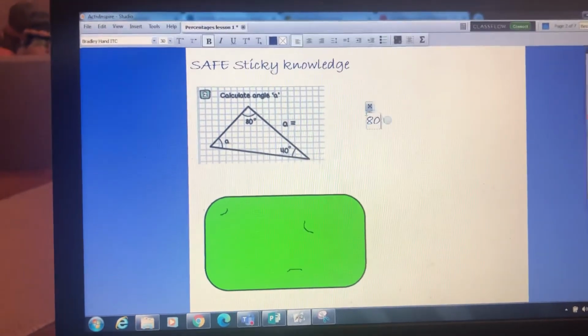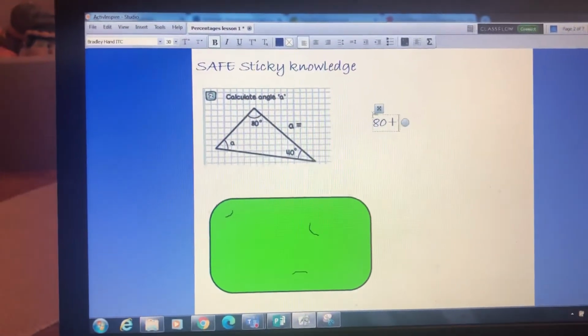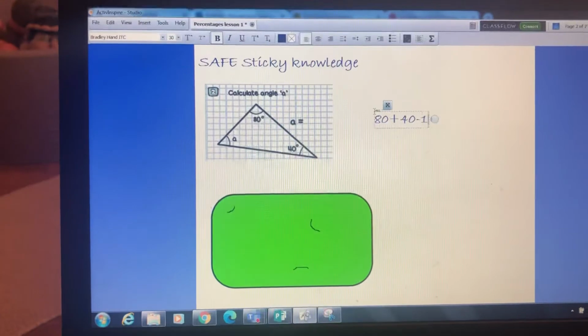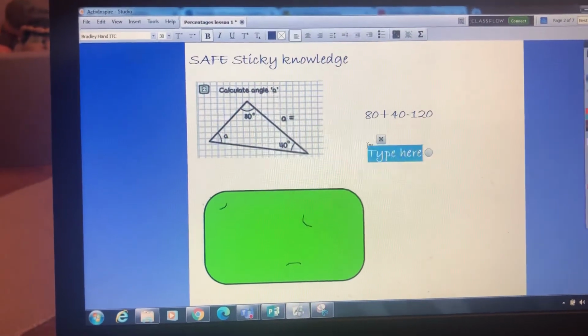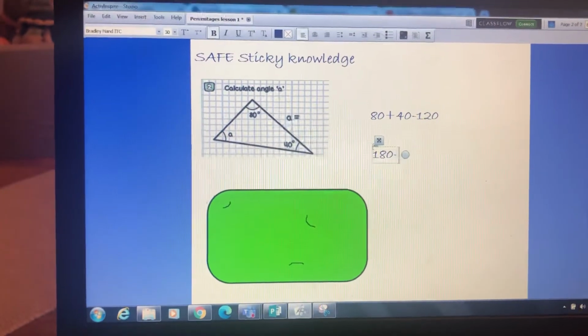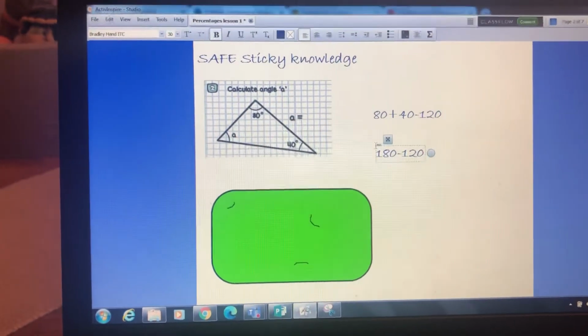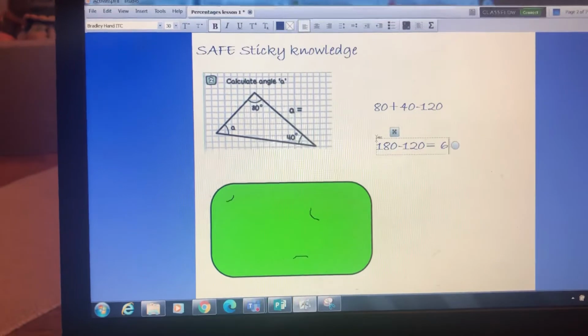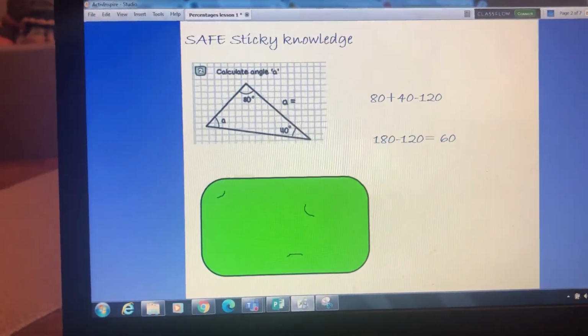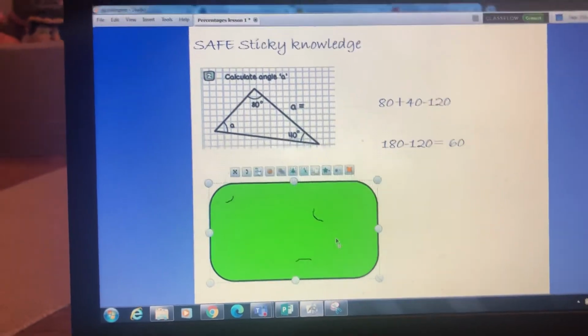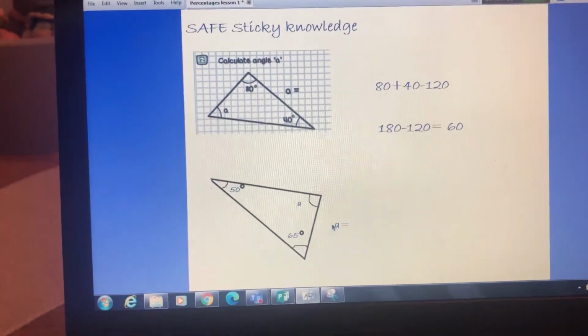Calculated that, which is 120, and then taken the total of those two angles away from 180, which is 60 degrees. So using that knowledge, I would like you to have a go at that question.